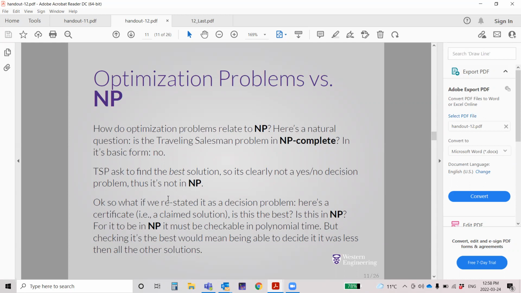Okay, what if we restate it as a decision problem? Here, given a certificate, a claimed solution, is this the best solution? Is this in NP? For it to be in NP, it must be checkable in polynomial time. But checking that it's the best would mean being able to decide it was less than all other solutions.